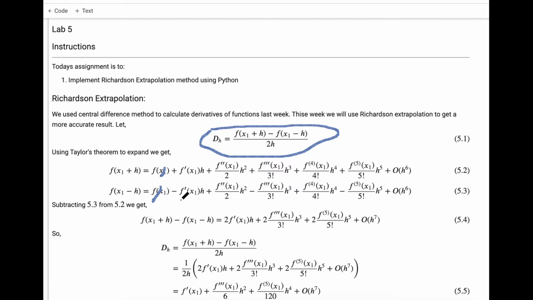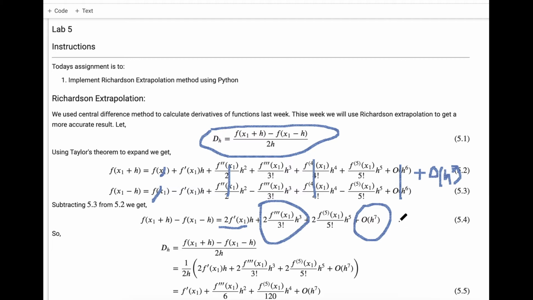By subtracting this from this, we get this, and these two terms are cancelled out as well, and subtracting this too, we get this thing, and these two terms are again cancelled out, and so on. Since the lower orders of h are cancelled out, we can assume there is a remaining higher order of h, that is h to the power 7, and we place this in here.